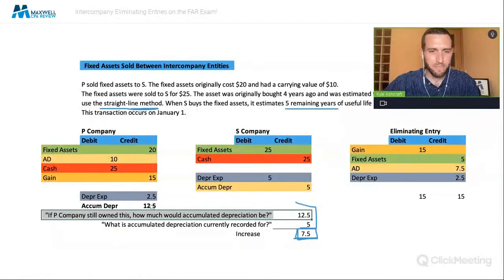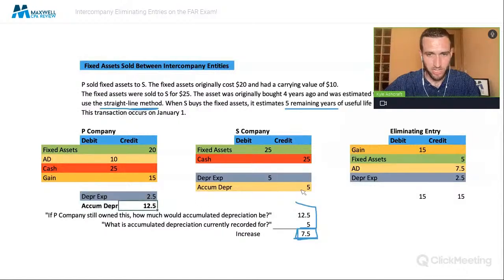Basically, if P Company still owned it, then it would have been $12.50. So we're trying to do this adjustment between what it is here of the 5 and what it should be recorded for of the $12.50. So then we get this adjustment here of a credit for $7.50 to look at the difference here.